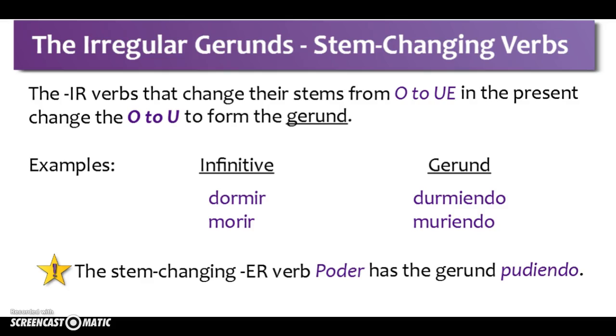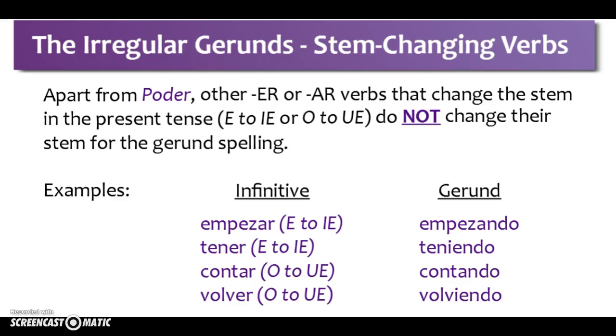There is one ER verb that's a stem changing verb in the present tense, poder, that's going to be irregular in the formation of the gerund, and it's going to become pudiendo, again an O to U change. Other than this special verb poder, any other ER or AR verbs that change their stem in the present tense, whether it's E to IE or O to UE, there is no stem change in the formation of the gerund, just like there wasn't when we looked at the preterite tense.